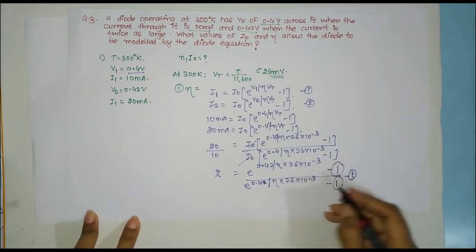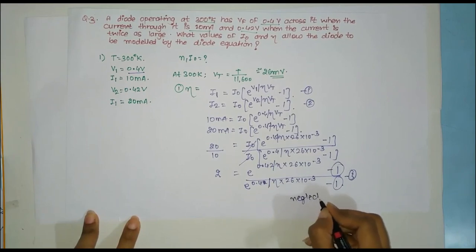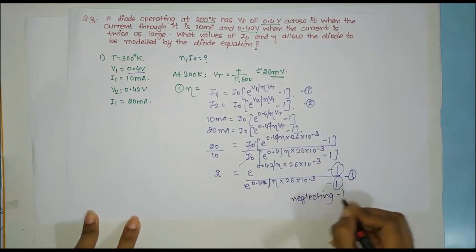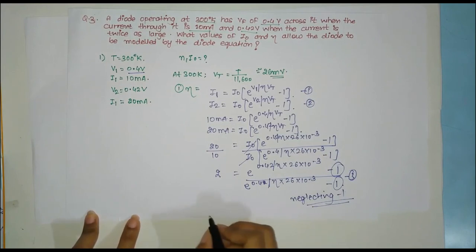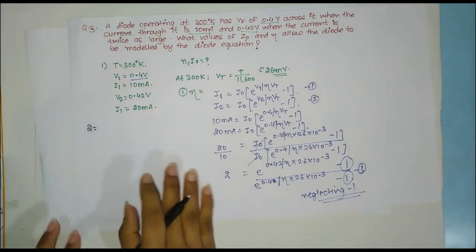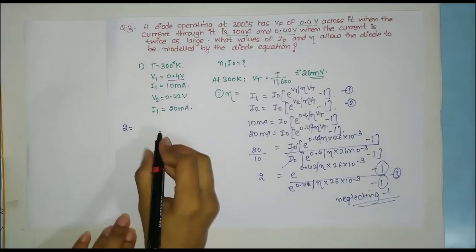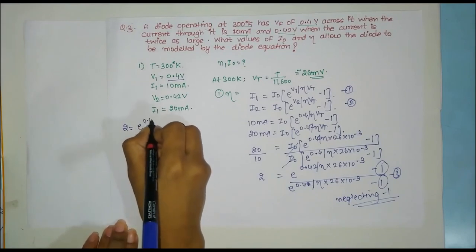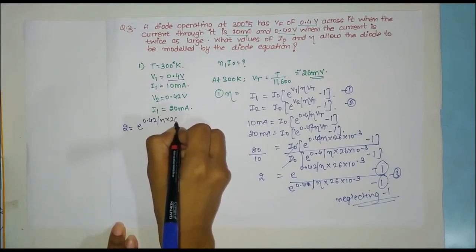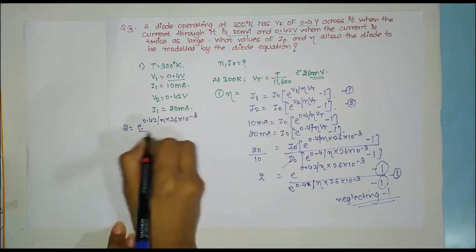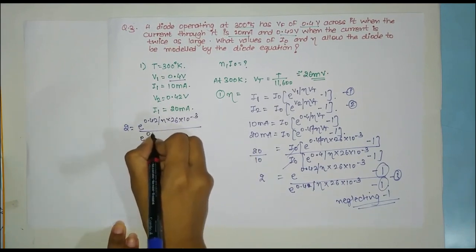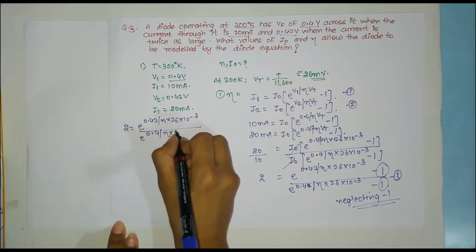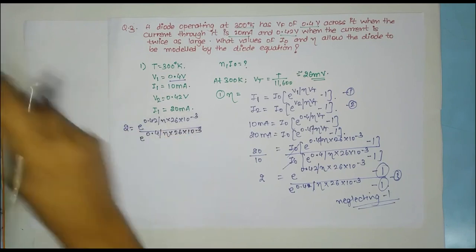Now we'll neglect this minus 1 term. Okay, we get the equation as 2 is equal to e raised to 0.42 upon eta into 26 into 10 raised to minus 3, upon e raised to 0.4 upon eta into 26 into 10 raised to minus 3.